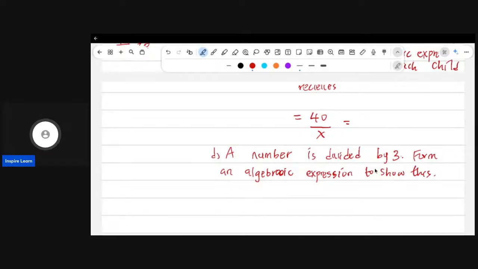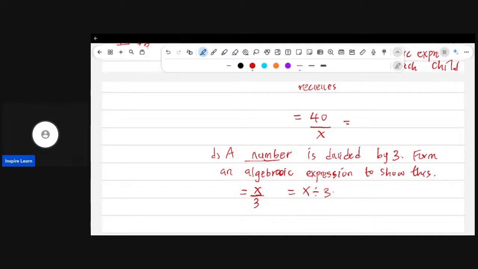We talk about a number being divided by 3. Remember, this is a number that we don't know. So we are going to call it x, x divided by 3. Basically, we can express it as x divided by 3, a number which is a variable we don't know, divided by 3. So that is what you're going to have.